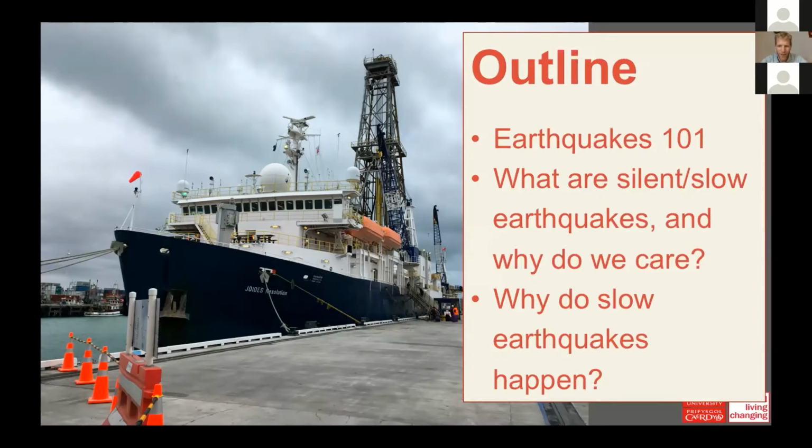And then a bit more about what I mean by silent earthquakes and why we care about them, and where we're at with how and why they happen. And a lot of that's going to come from what we've seen from this ship you can see in the background here, the JOIDES Resolution, which is at this point parked in Christchurch.